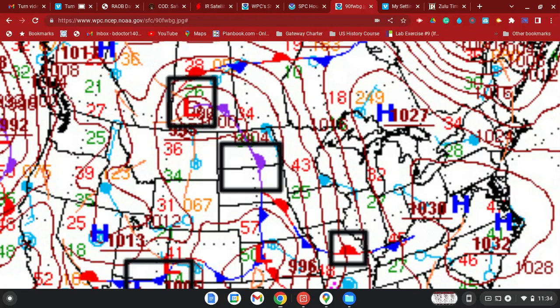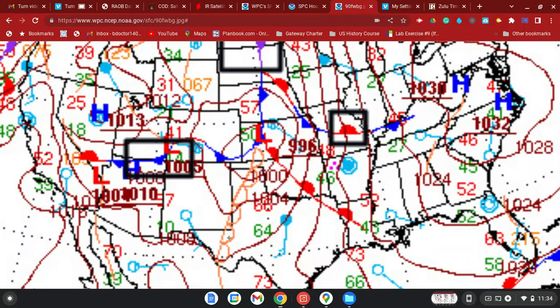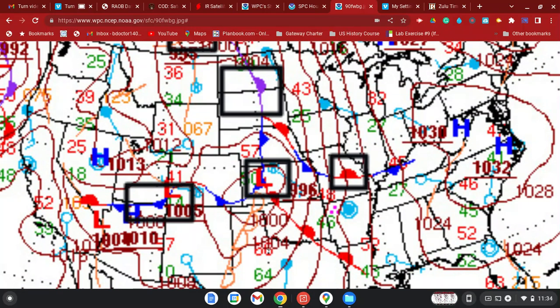So it's moving in a west to east direction, and it's part of a longer, well, I'm going to use a heavy word, synoptic front. In this case, it's attached to this guy, the low pressure system.